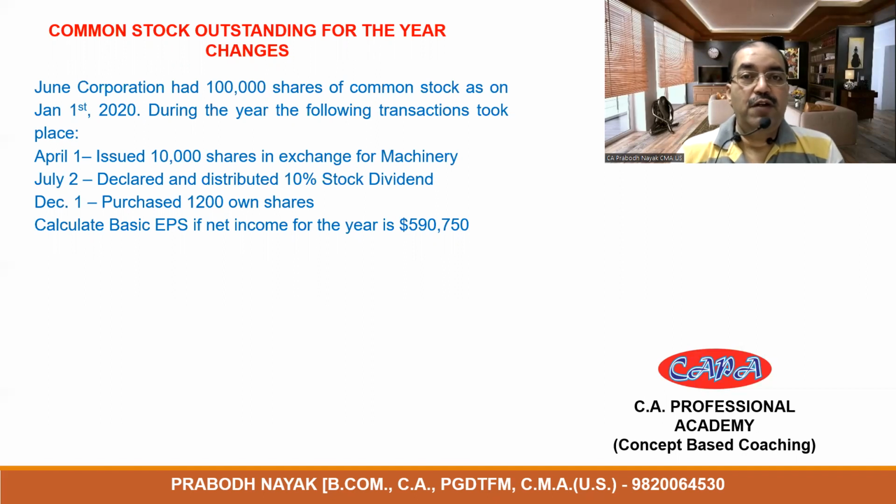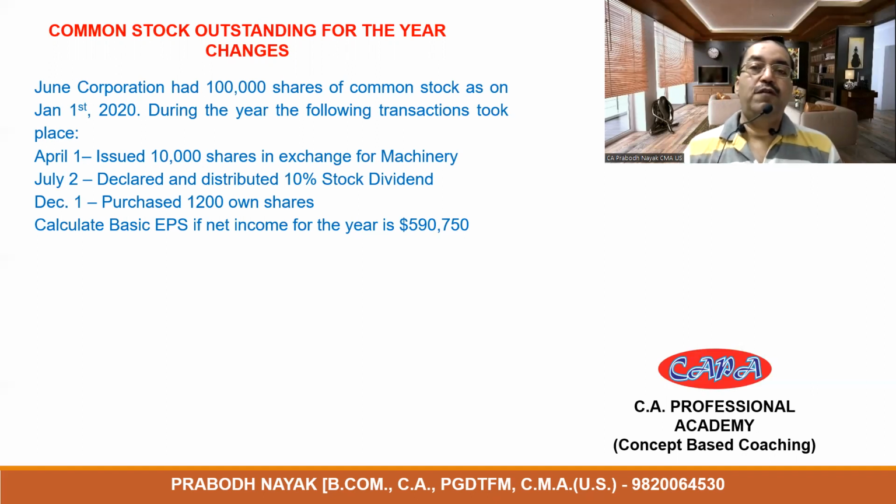The company has purchased machinery, and instead of paying in cash, the company has issued 10,000 shares of the company. July 2nd, declared and distributed 10% stock dividend. That means we are issuing additional shares in the form of stock dividend. December 1st, purchased 1200 own shares.